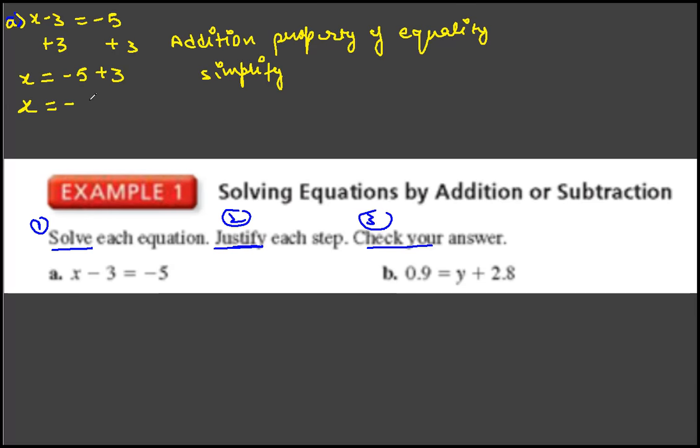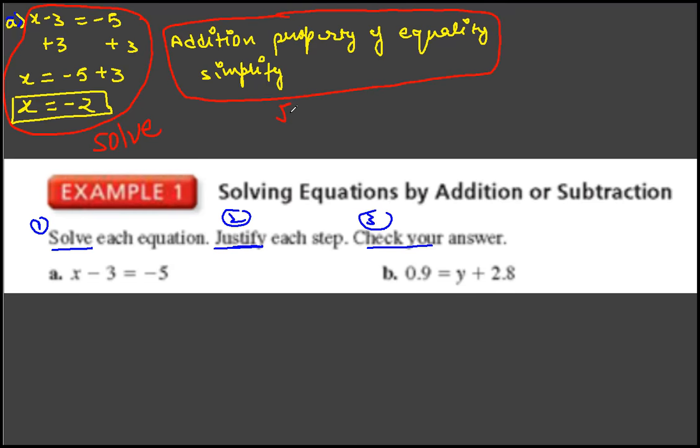So x will be equal to negative 2. See here what I did. This part is solving, and this part is justifying.